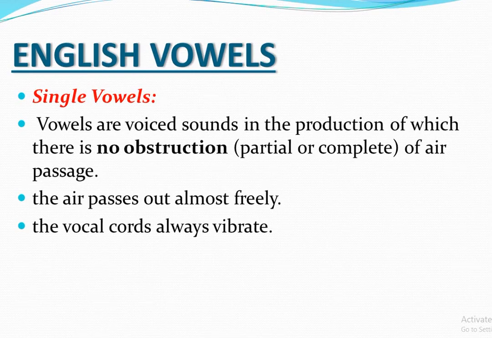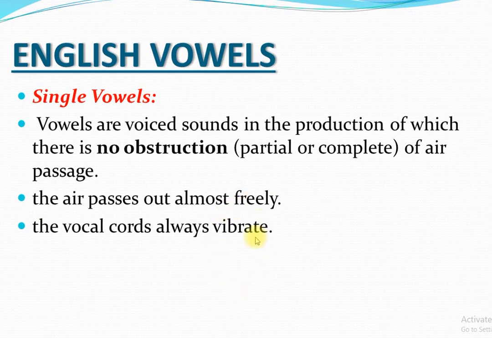So we said that vowels are those sounds which are produced with no obstruction of air. When we pronounce vowels, the air does not face any obstruction as it comes out of the mouth, unlike what we see with consonants. So the air passes out freely, and the vocal cords are always vibrated.